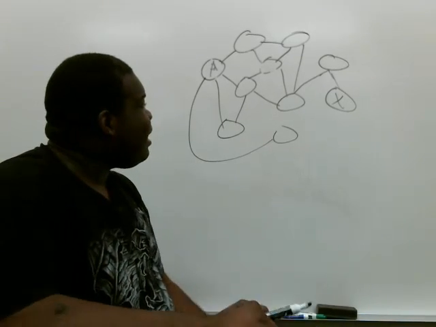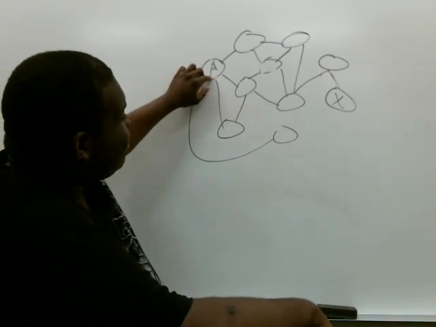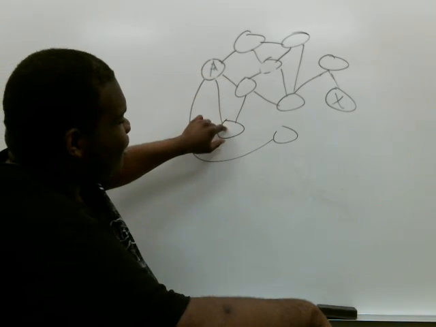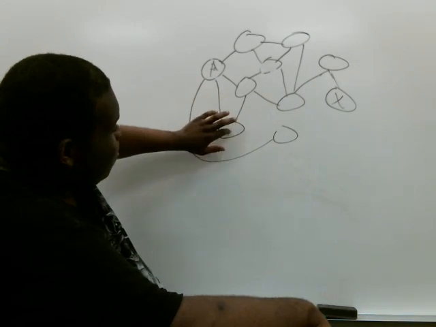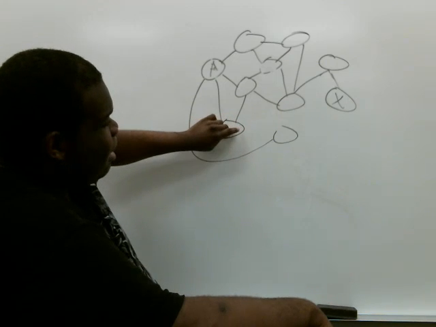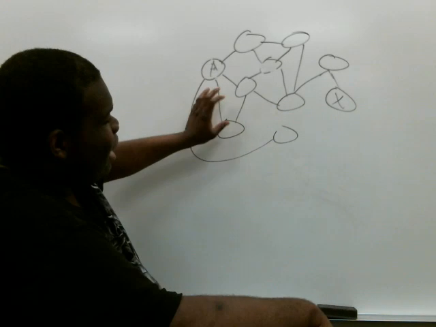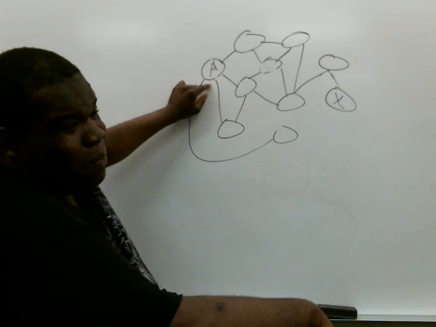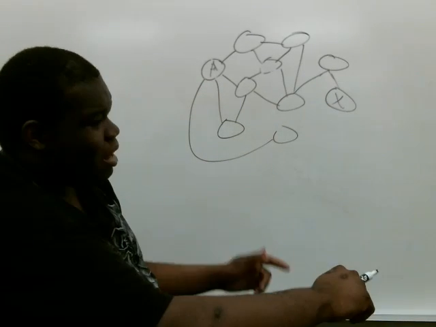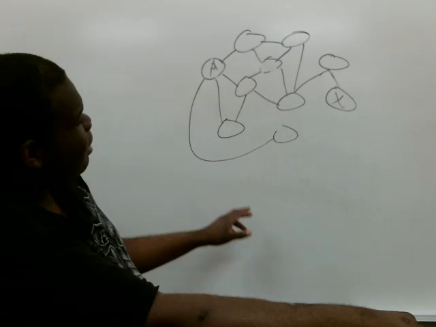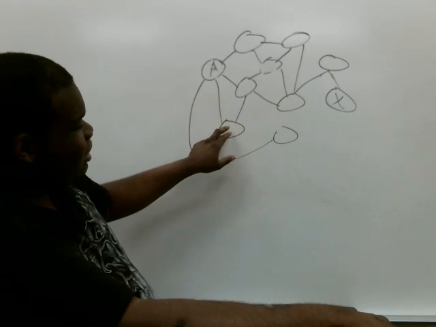We must take care: let's say we're here, we go here, and we're not at X. If we're not at X, we move here. If this is not X, we look at its neighbors, and we're smart enough to know not to go back, because if we just go back and forth, that'll be an infinite loop. But we must take care not to do something like this.